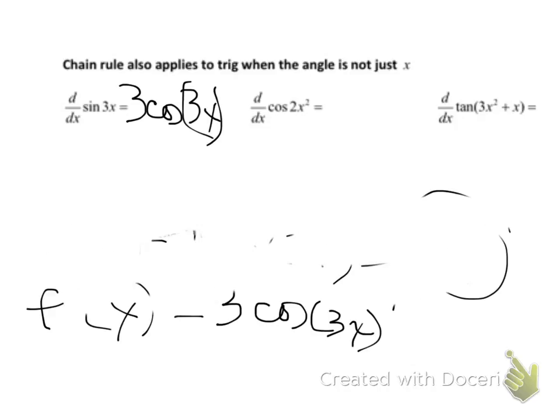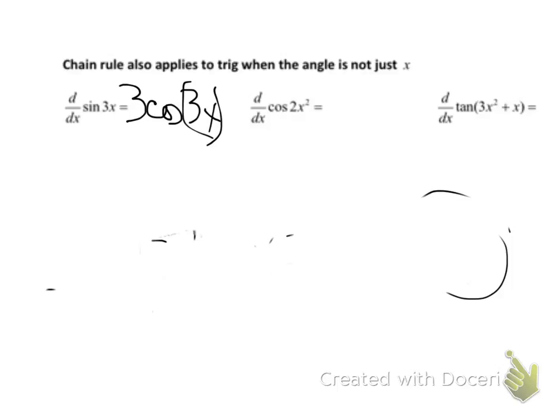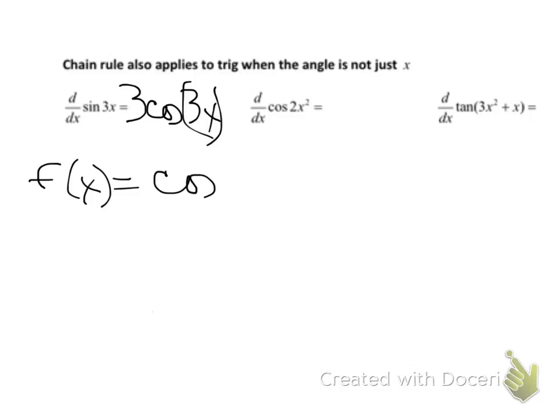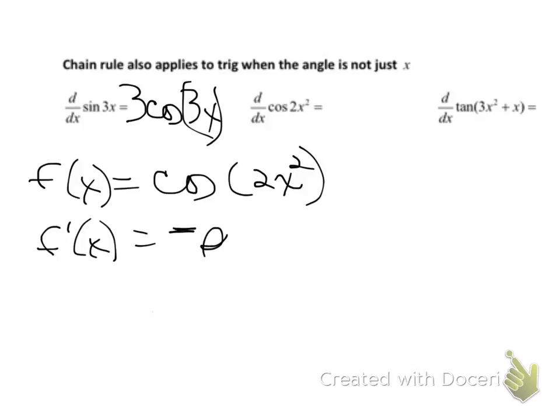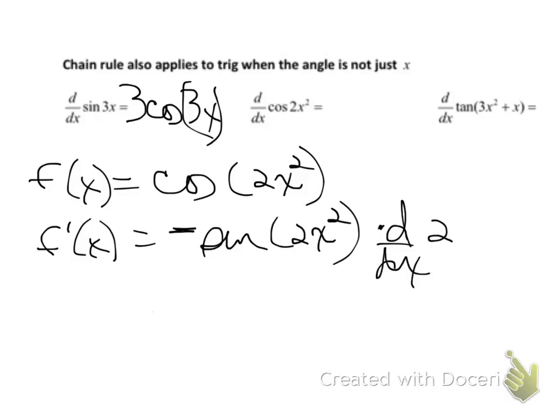Alright, so let's do our next problem, which is going to be the derivative of cosine 2x squared, and that 2x squared is my angle. So if my function equaled cosine, and I'm going to use parentheses so that you can really see what the angle is, then my derivative would be, the derivative of cosine, remember, is negative sine, don't change your angle ever, times the derivative of the angle.